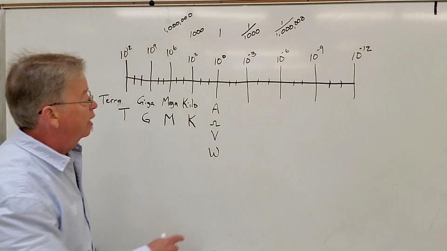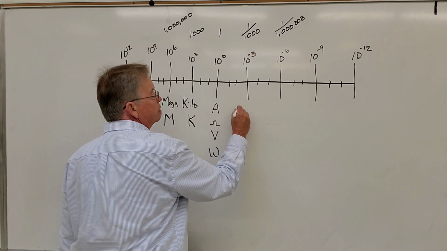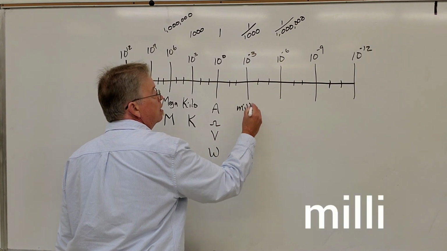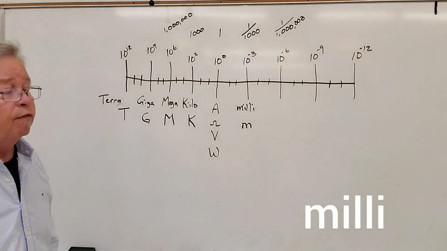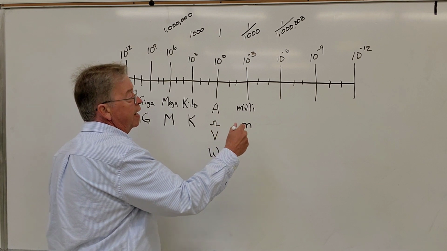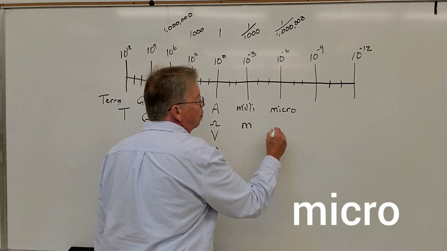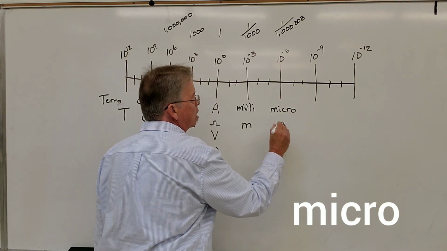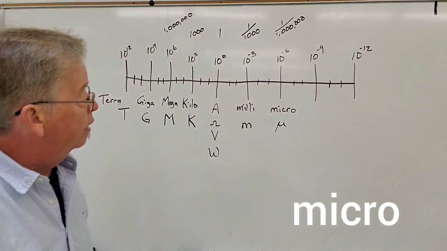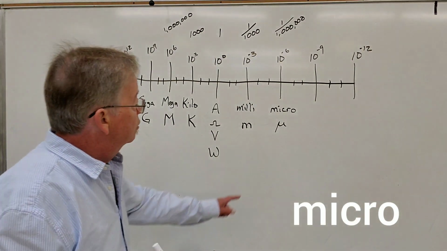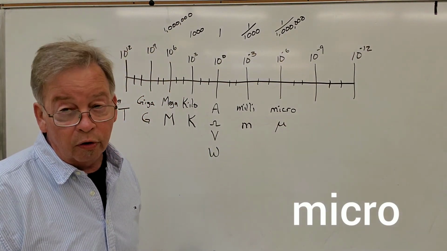On the other side, 10 to the negative third is known as milli, and we use a lowercase m for milli. 10 to the negative 6 is known as micro, and we use the Greek letter mu to represent micro. I call it a funky U. It looks like a U with a tail in the front. So the mu, or the funky U.